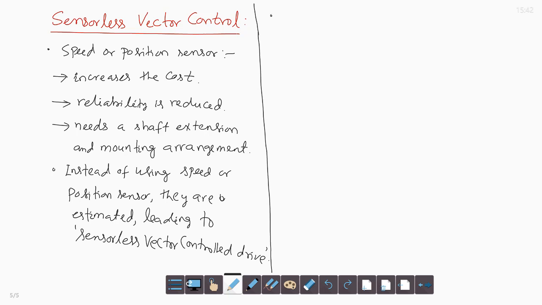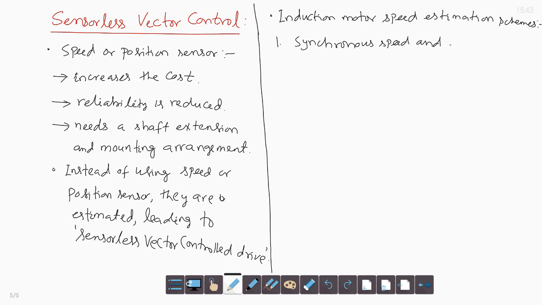So, now let us discuss what are the options available for induction motor speed estimation. Different induction motor speed estimation schemes are: first one is through synchronous speed and slip speed estimation.